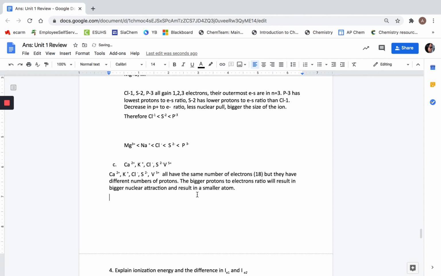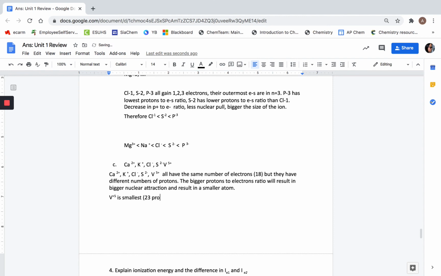So therefore V5+ is smallest. V5+ is smallest.